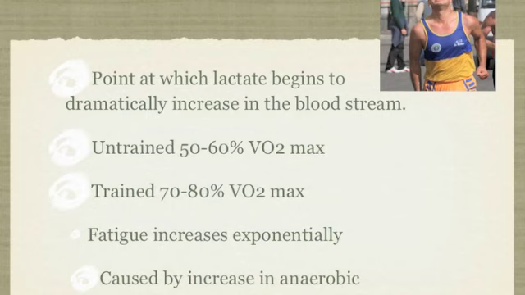But trained individuals can sustain higher intensity effort before they start to accumulate lactate. They're more efficient at using this lactate and ridding it from the muscle, using it for energy before they've reached their capacity to metabolize it. And so we see this increased lactate production as we see an increase in anaerobic metabolism.